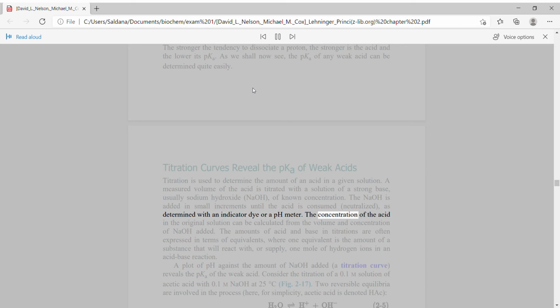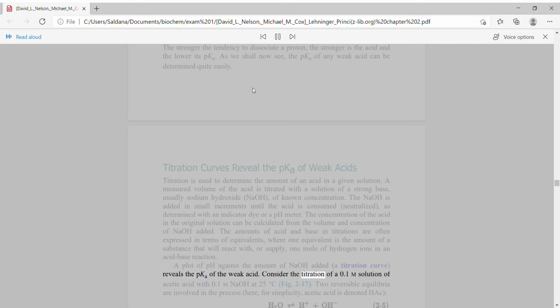The concentration of the acid in the original solution can be calculated from the volume and concentration of NaOH added. The amounts of acid and base in titrations are often expressed in terms of equivalents, where one equivalent is the amount of a substance that will react with, or supply, 1 mole of hydrogen ions in an acid-base reaction. A plot of pH against the amount of NaOH added, a titration curve, reveals the pKa of the weak acid.